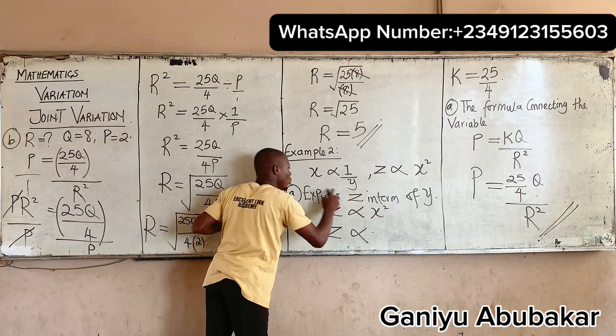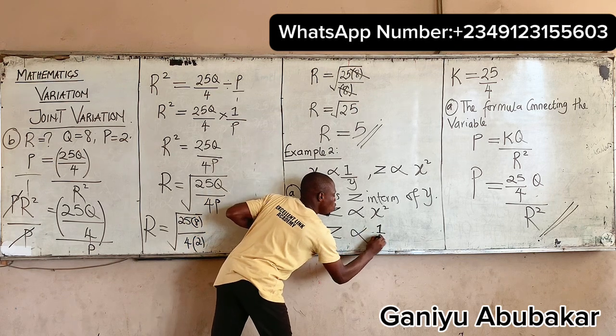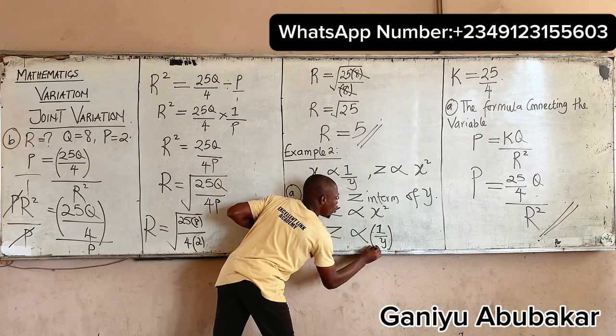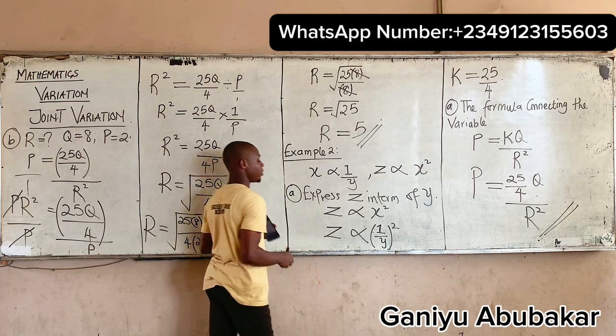What's x alone? X alone is 1 over y. So I have k times 1 over y, all squared. So I have expressed z in terms of y.